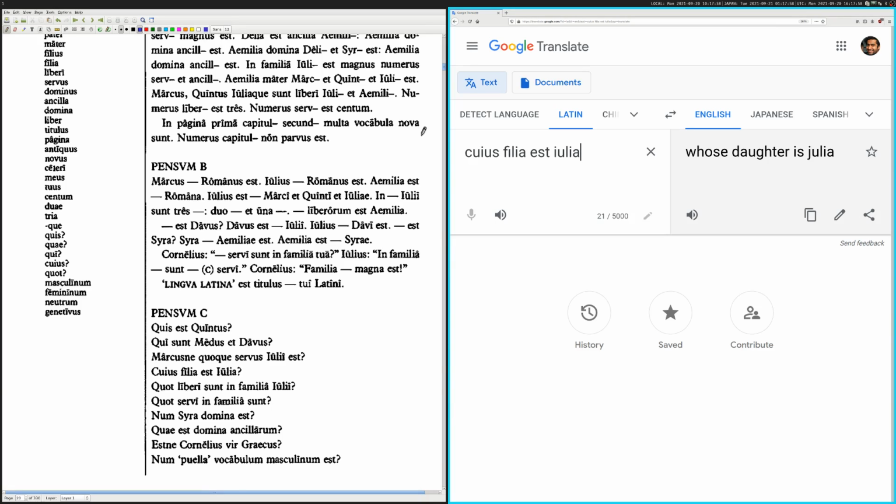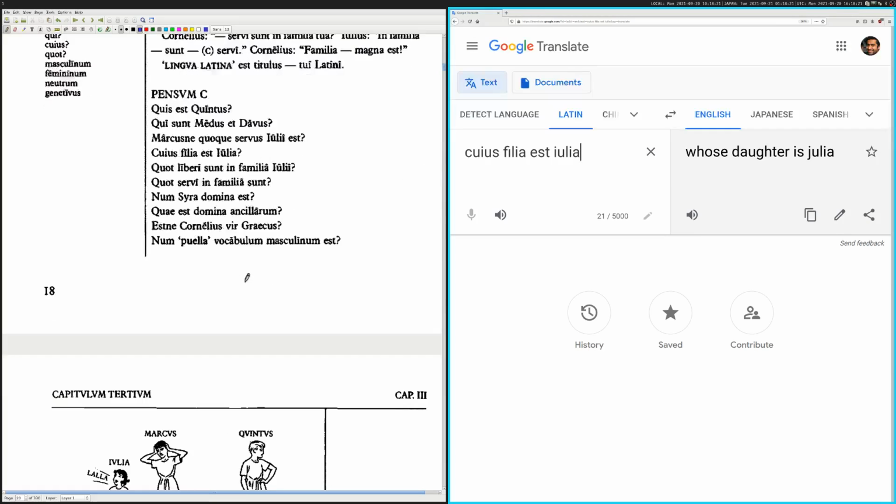Is Sarah a slave? Yes. Who is the domina of the slaves? That's Amelia. Is Cornelius a Greek man? No, I think Cornelius is Julius's friend, and no, I think he must be Roman. How many... what does num mean?